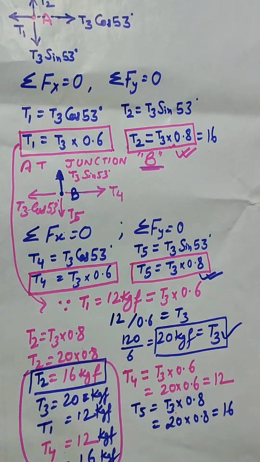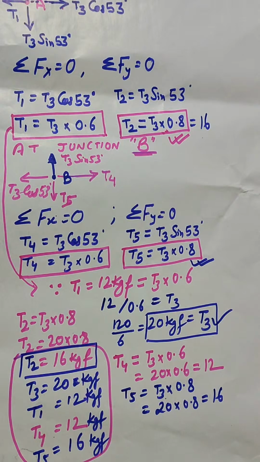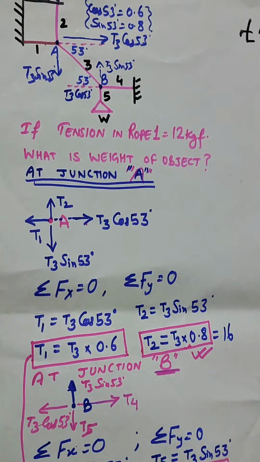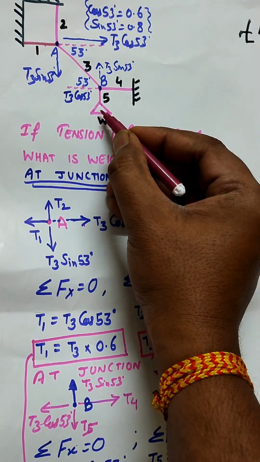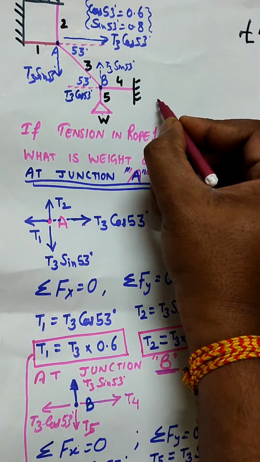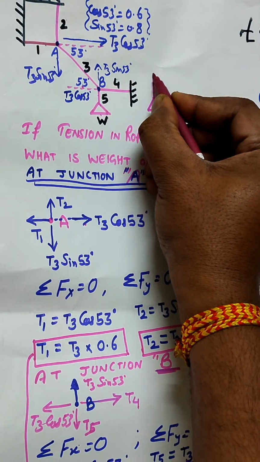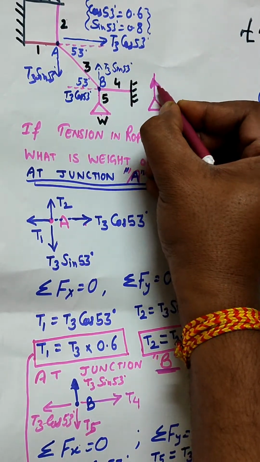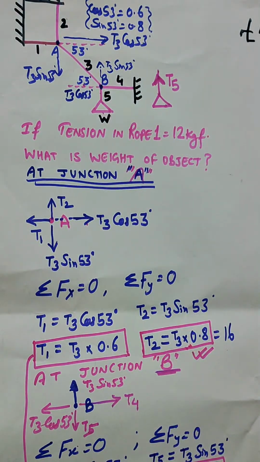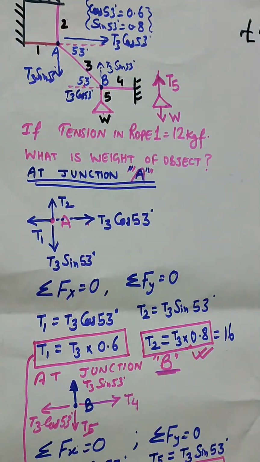Now when you consider the weight, if this is the weight and it is suspended through rope 5, then T5 will be the tension in this rope and the weight W acts downward.